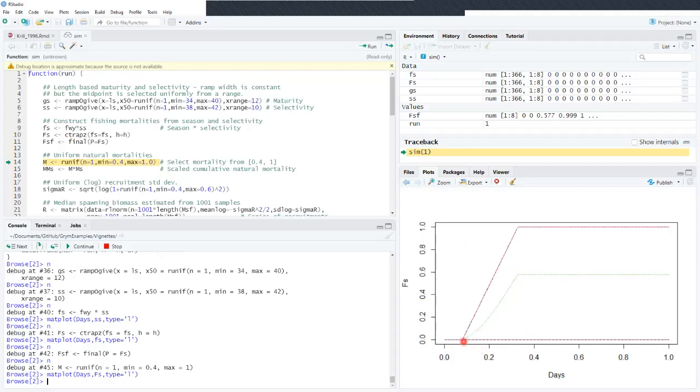The ones that were fully selected, the cumulative fishing mortality is just this sort of increasing ramp. Okay. And at this point here, the fishing season ends. So whatever the cumulative fishing mortality was to this point, it stays constant because there's no more fishing once the season ends.